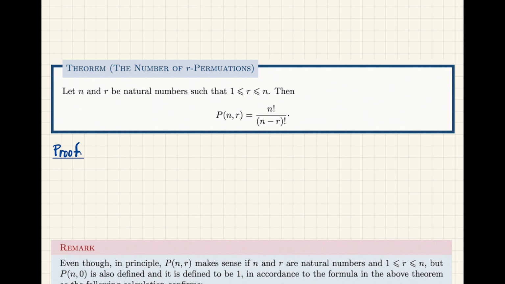Okay, so here I have n objects. Let me call them a1 up to an. But how many places do I have? I have r positions, r places, somewhere between 1 and n.